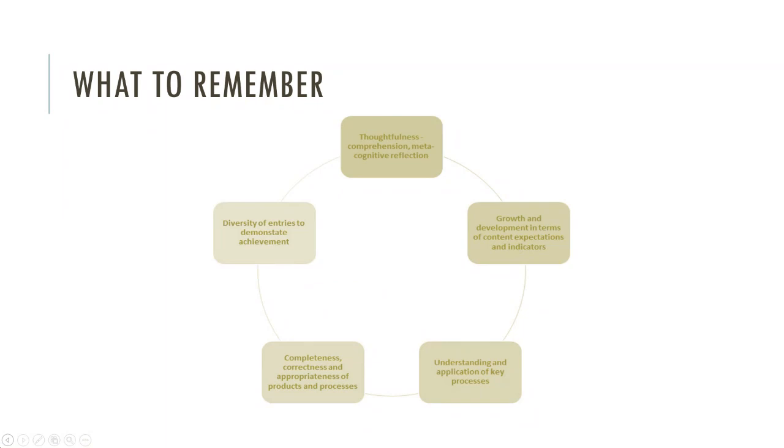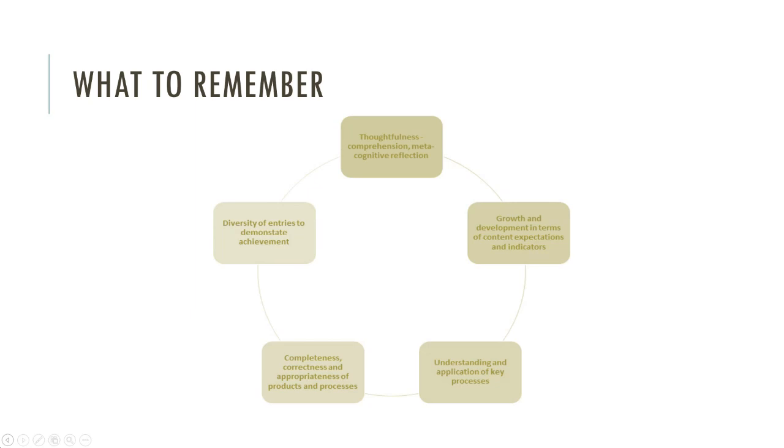We are looking for thoughtfulness, we are looking for these metacognitive processes, and that you have demonstrated them. We are looking for growth and development in terms of content expectations, here thinking about your learning outcomes specifically, as well as any of these other indicators that your lecturer may have included when they described what they expect from your portfolio.